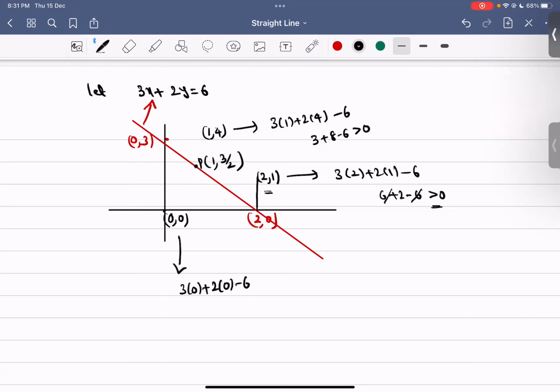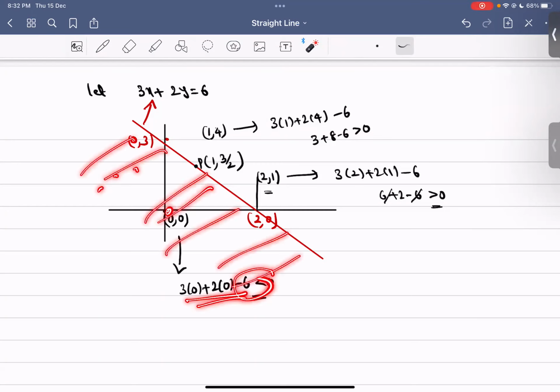So for (0, 0) the expression is negative, means you take any point in this region below, the value of that expression at that point will be negative. So here (0, 0) you take, and one more point you take, (-1, -2), in the third quadrant.